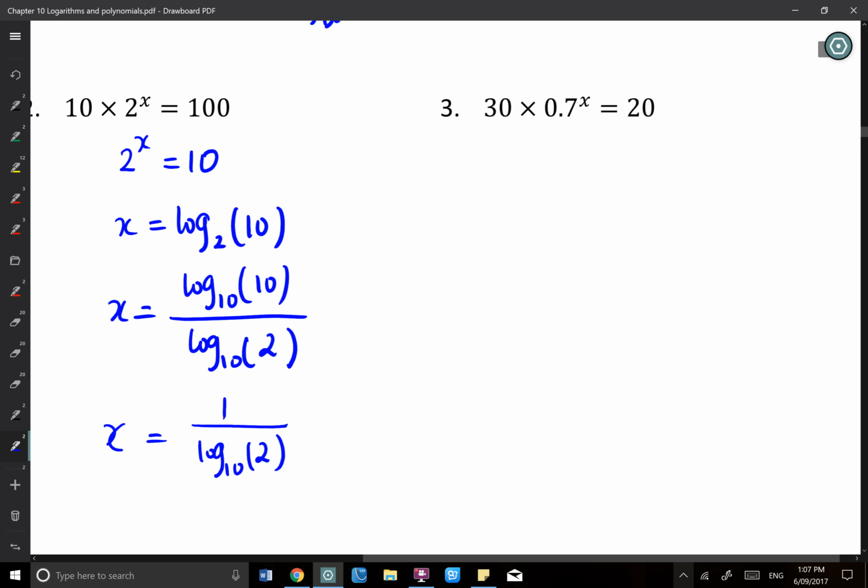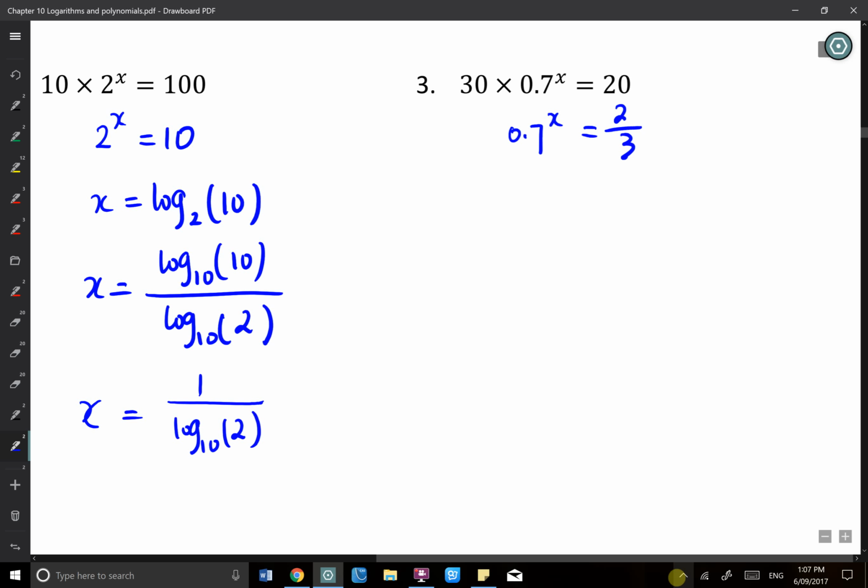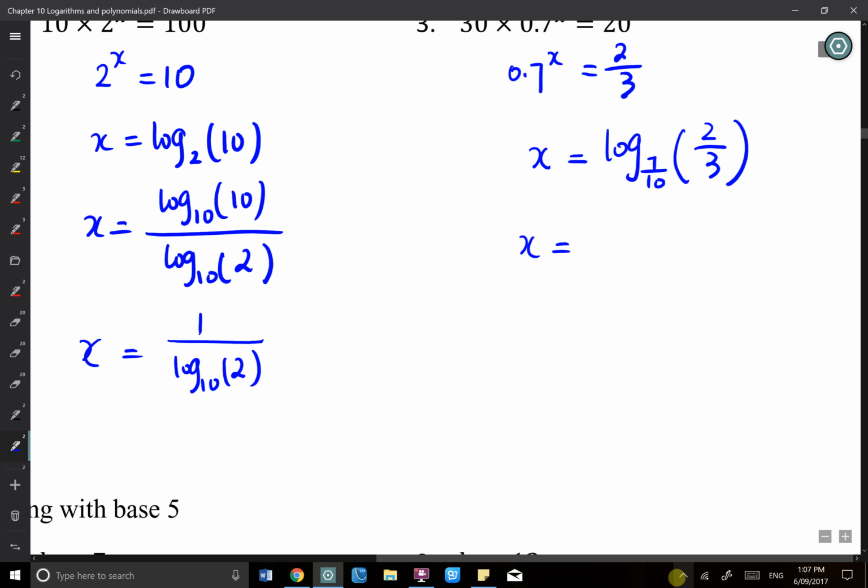Next one is 0.7 to the power x equals 2/3. So x equals log base 7/10 of 2/3, since 0.7 is 7 over 10. With change of base, x is log_10 of 2/3 minus log_10 of 7/10.